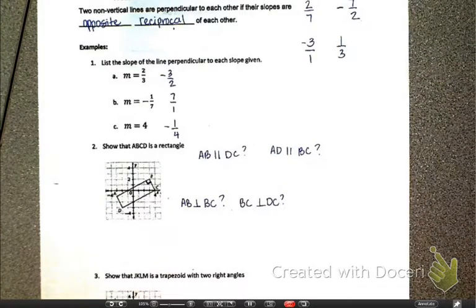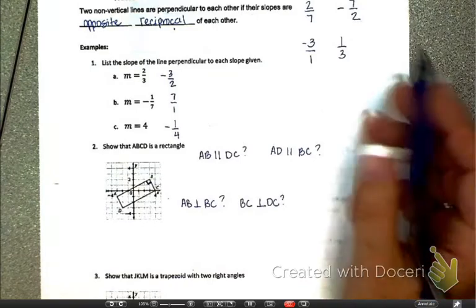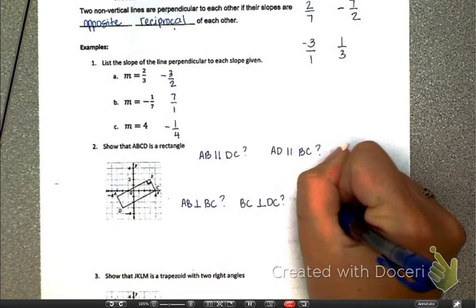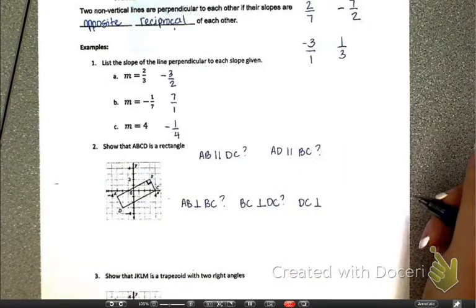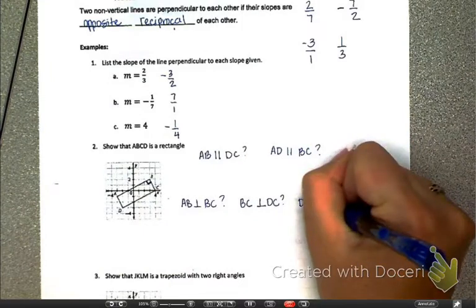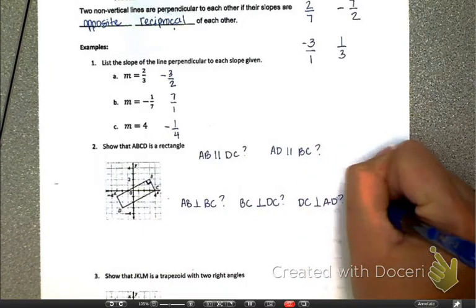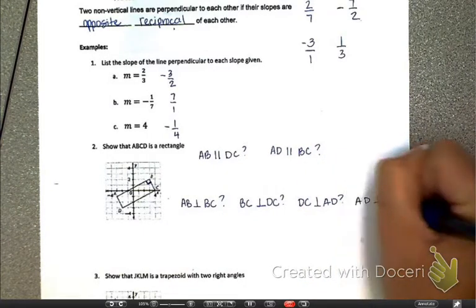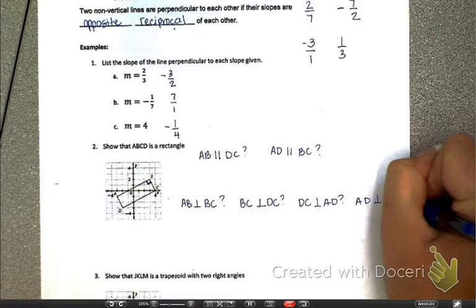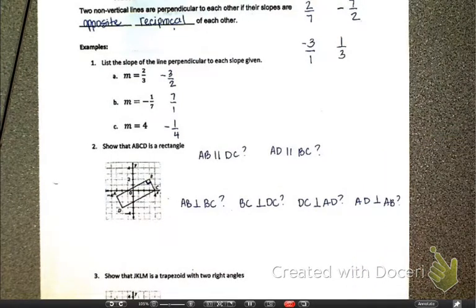So I'm just working my way around the figure. What about DC would have to be perpendicular to what? AD. And then AD needs to be perpendicular to AB. Now this looks like a lot, but once you find the slope of one of the sides, you can just kind of fill it in everywhere else and we can compare.